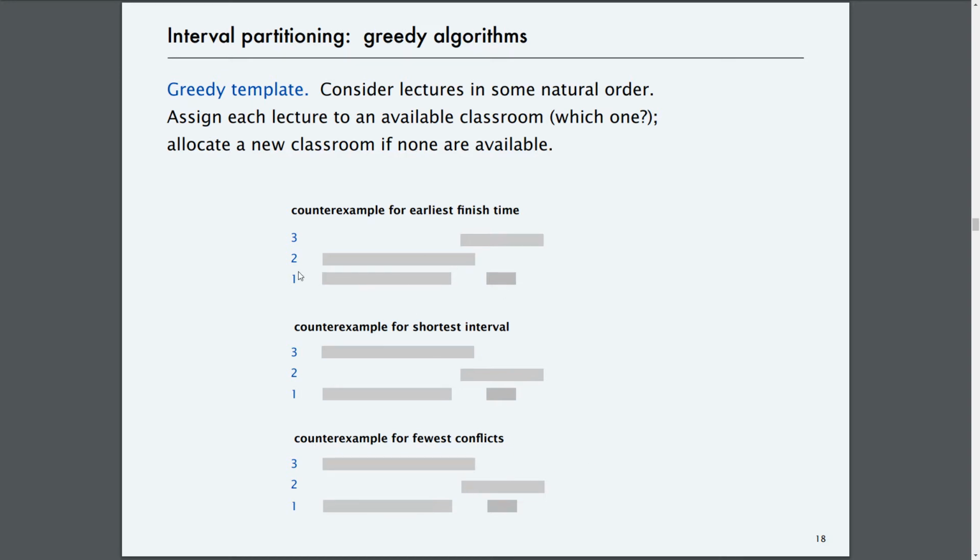So each time this creates 3 classrooms. But the optimal solution, of course, is to put this lecture with this lecture here, and then this lecture with this lecture. So we only need 2 classrooms.